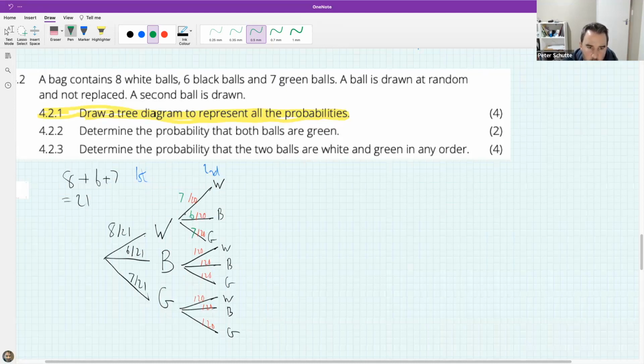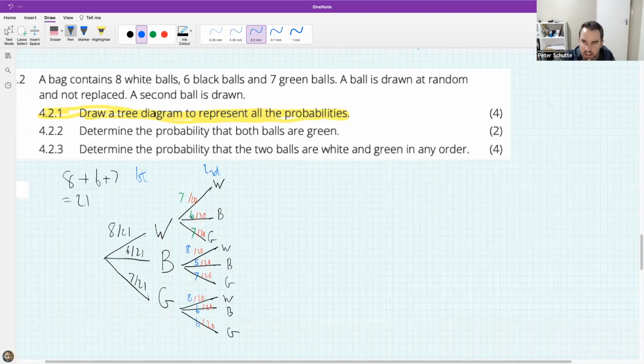So it's only the white branch that gets affected because I chose a white branch here. Then here, that's going to be 8, 5, 7. And then over here, white is still going to be 8. This is going to be 6, and this is going to be 6.